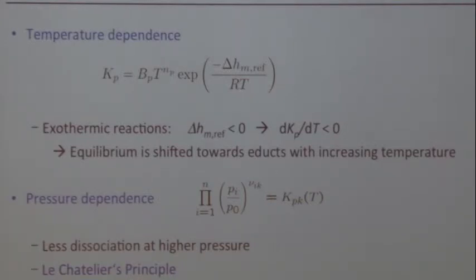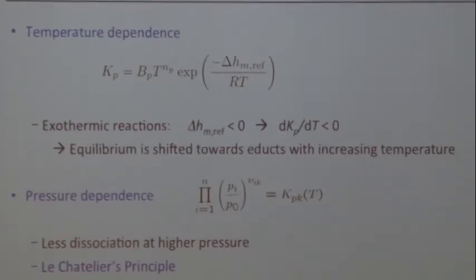And for the pressure, it's similar, or both of these are Le Chatelier's principle. It basically means you have a reaction that has an effect, and the equilibrium always tries to compensate for this effect. So if a reaction makes the temperature higher, then at higher temperature, the equilibrium tries to do the opposite. At higher temperature, it goes more towards the reactants to make the effect milder.